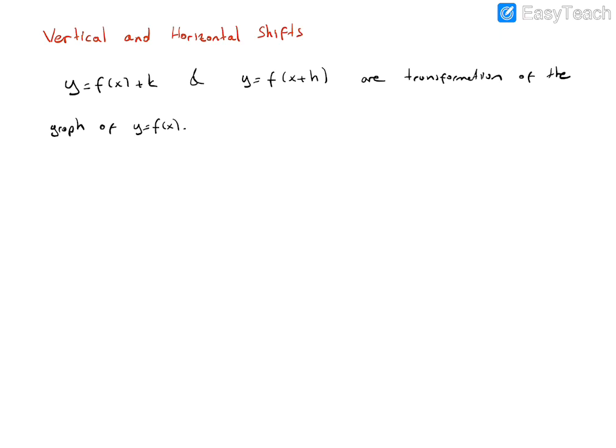So if you know the graph of f of x, you can obtain the graph of these functions easily. Let's try to understand the vertical and horizontal shifts on an example.